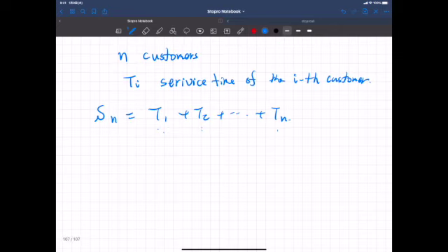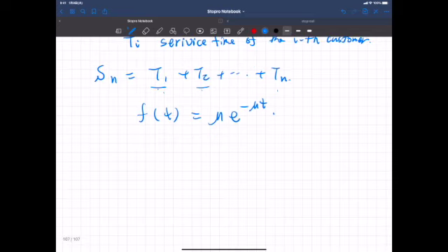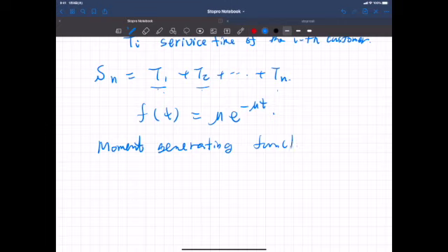And remember, each of these T1, T2, and so on follows the exponential distribution. So the density will be given by this, mu e to the power of negative mu t. And if you calculate the moment generating function, so it's different from the probability generating function.